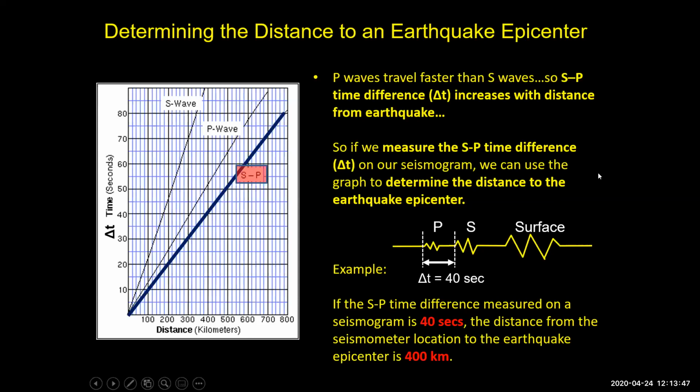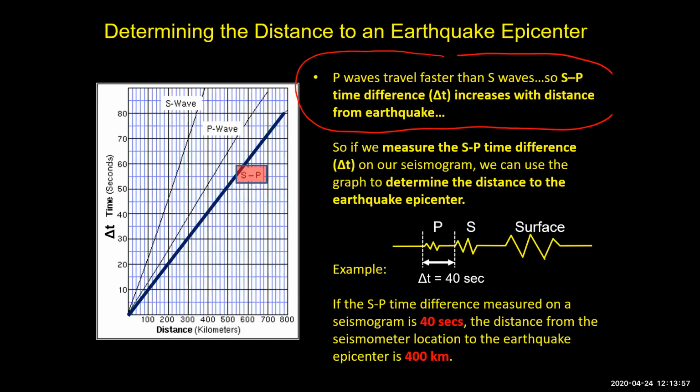So here's how we go through the process of determining the earthquake epicenter. And it's based on the idea that P waves travel faster than S waves as they propagate outward from the focus of an earthquake. And so we can make a graph that shows the gap in time between the P waves and the S waves.